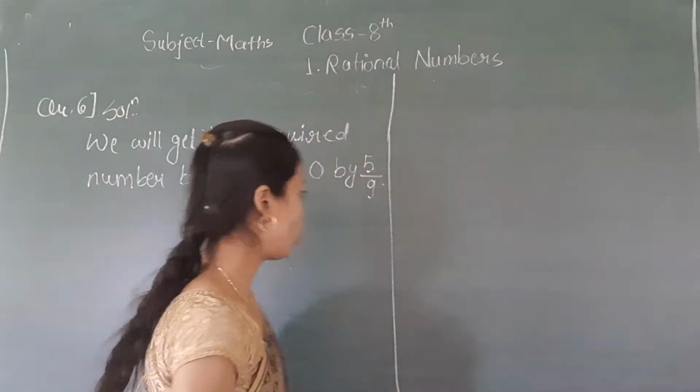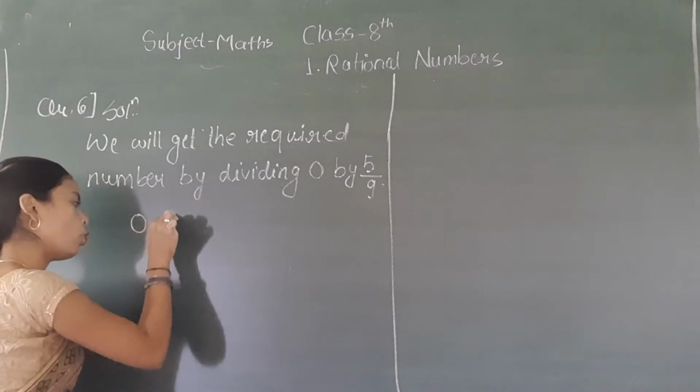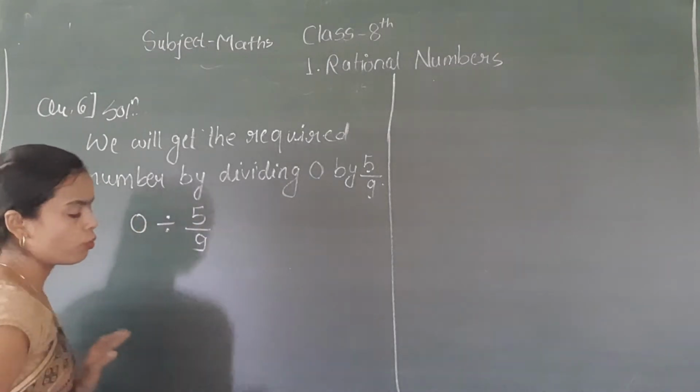Okay, so if we are dividing 0 by 5/9, 0 divided by 5/9. This is the property of division.